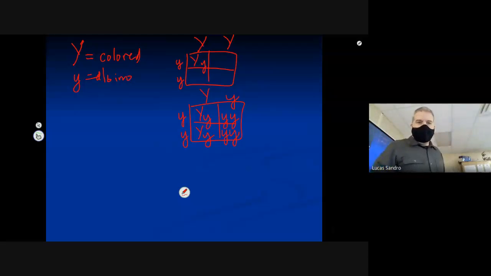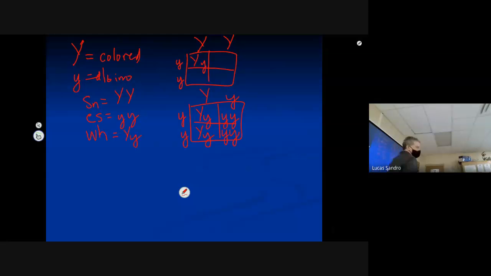Letter A, what are the probable genotypes of Sniffles, Esmeralda, and Whiskers? Well, let's see. Sniffles, big Y, big Y. Esmeralda, little y, little y. Whiskers, big Y, little y. Good.